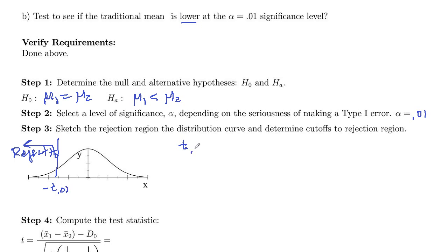So let's find t.01. Do that with inverse t. Our left area is 0.99. And then our degrees of freedom are n1 plus n2 minus 2. So degrees of freedom are 15 plus 17 minus 2, which is 30. That's what we used in the confidence interval.